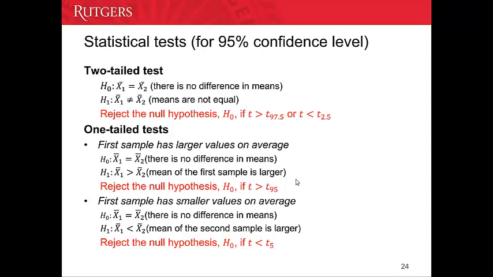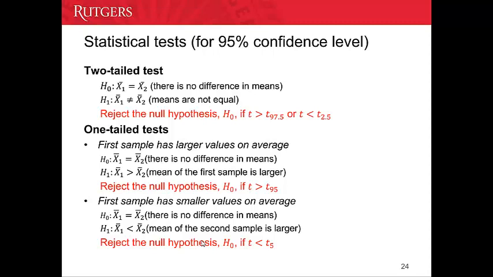If we know the first sample has smaller values on average, we can set our alternative hypothesis: the mean of the second sample is larger than the mean of the first sample. If the t-score we calculated is bigger than the threshold, we do not reject the null hypothesis.